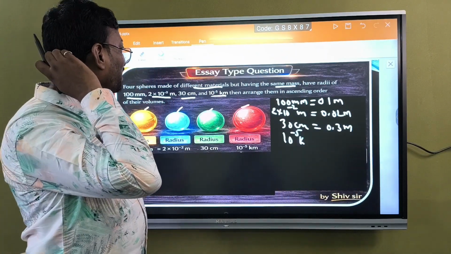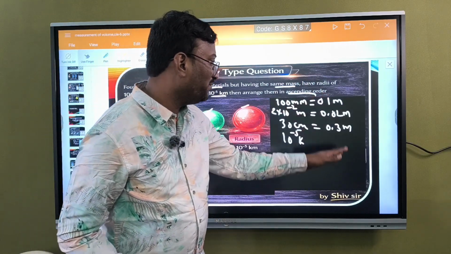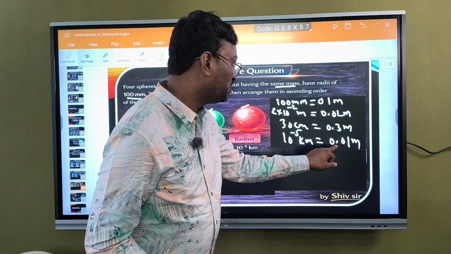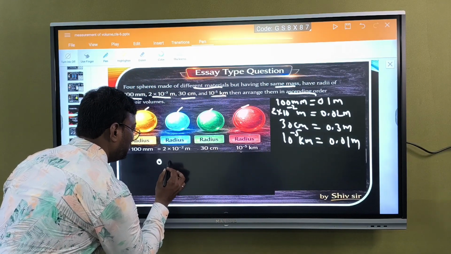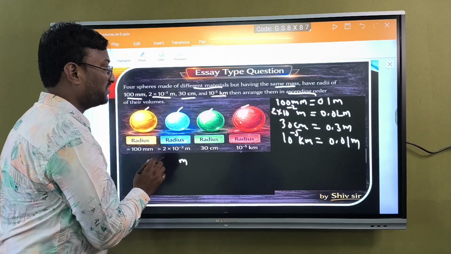Now they are asked to arrange in ascending order. See, all are in meters now. So which is the least one? 0.01. You try to arrange that. 0.01 meter is the lesser one, in ascending order.